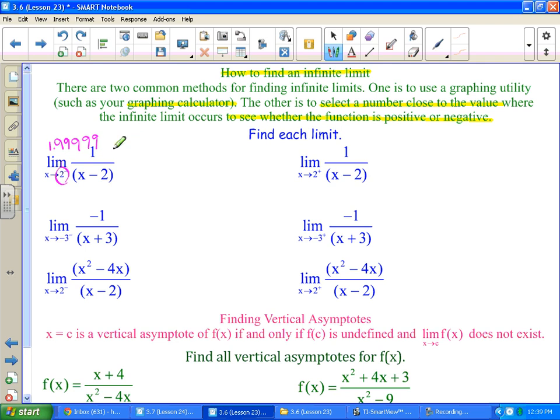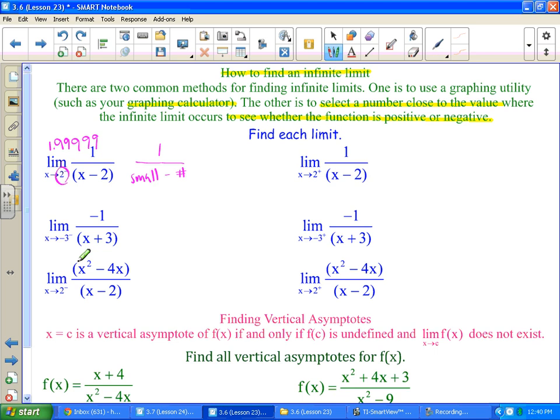So let's just think about what this is doing if I plug in a number that's really close to 2 from the left. The numerator is 1, right? Is the denominator positive or negative? Do you see how the denominator is going to be a very small negative number? So I'm going to write small negative number. Now, obviously we know it has to be either positive infinity or negative infinity, but think about a number over something infinitely small.